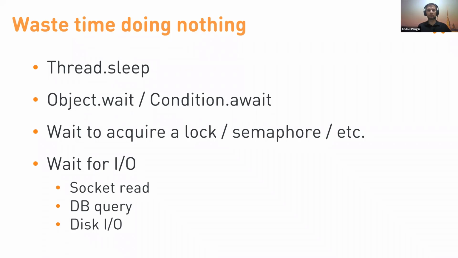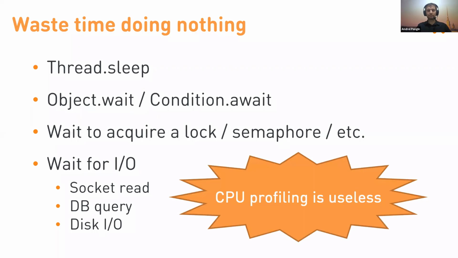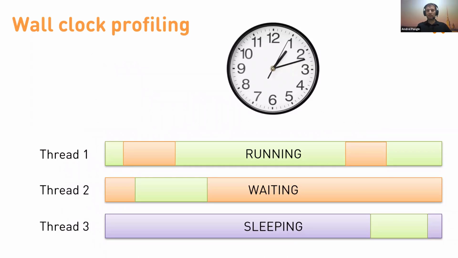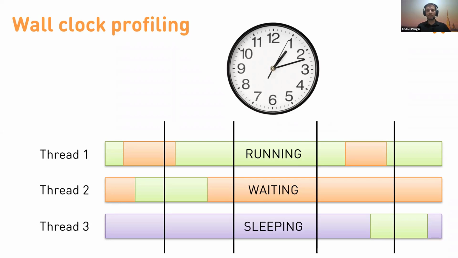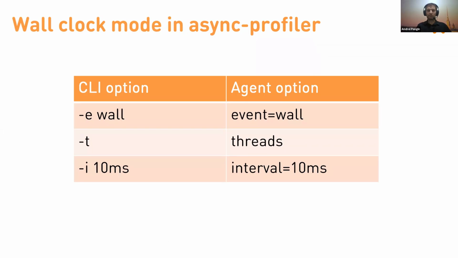So what is wall clock profiling? It's a technique where all threads, no matter what they're doing, whether they're in running state or just sleeping on some lock or in thread sleep, are sampled equally. Async-profiler does have support for this mode. As an event, you pass -e wall.